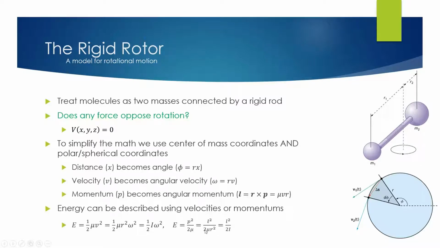This gives us L squared over 2 mu r squared, or again, L squared over 2 I. So in rotation, our moment of inertia I, which is the mass times r squared, becomes the new kind of mass compared to if we were using linear coordinates. And then we can use our angular velocities or our angular momentums to calculate things like the energy.